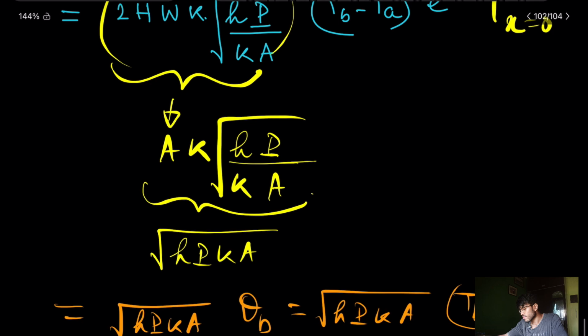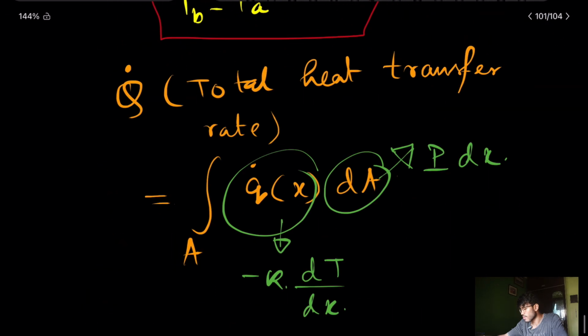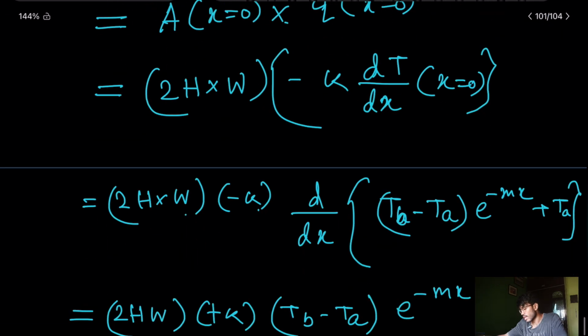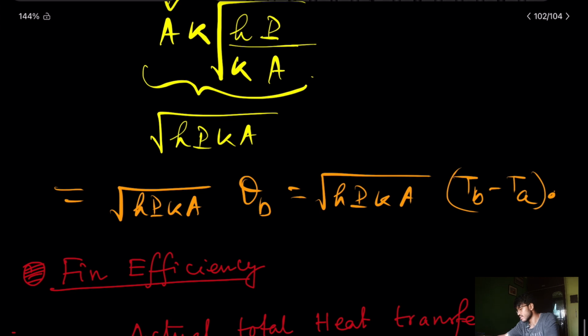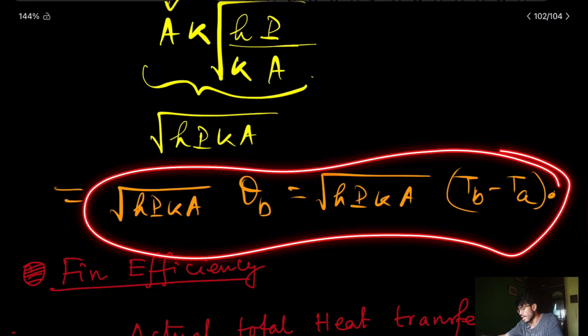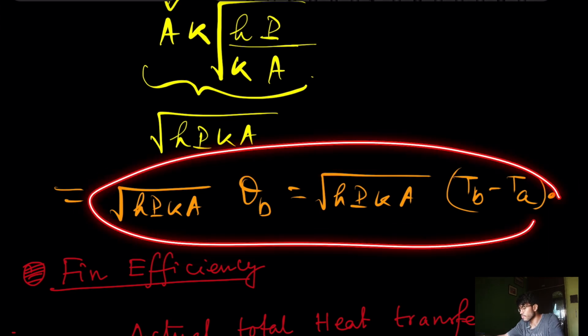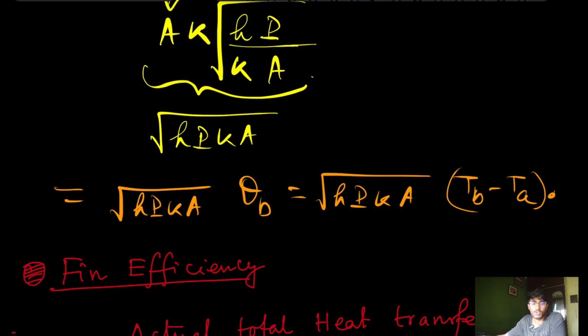So if you were that student who has mugged up this formula of total heat transfer, and if you don't know how this came, then you will not be able to solve that question, that is, find out the total heat transfer for a fin having variational cross sectional area.